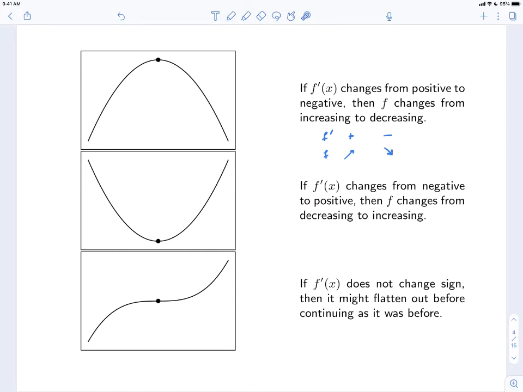So that means that you have some picture like this first one. Your function is increasing and then decreasing. The only way that can happen if your function is continuous is if you have a local maximum. It's important that one of the hypotheses of the theorem is that the function is continuous at this point. If it's not continuous, then you might get a jump, so you might not have a local maximum there.